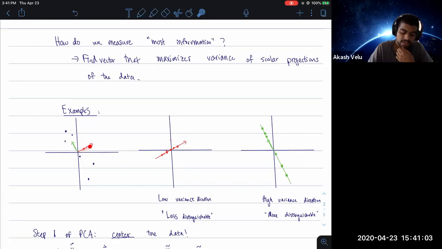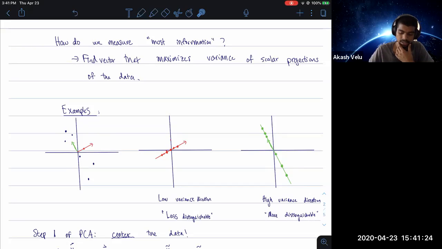If we choose this red vector in this data set and project everything, the variance is small because the data is clumped around the mean. Whereas if we choose this green vector, the variance after projecting is large. So the points are more different along the green direction.